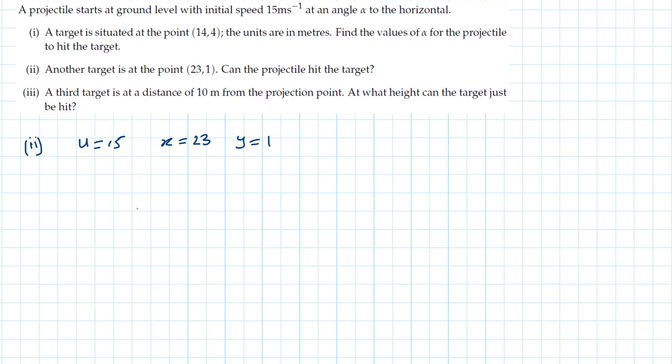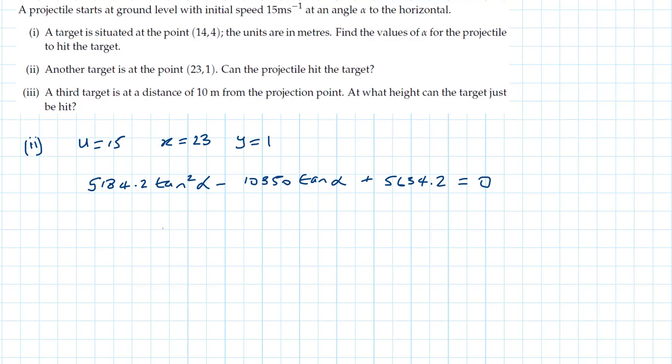Now, if you set up the quadratic equation before, you go through the same process and you simplify it, you end up with a quadratic equation which reads as something like this: 5184.2 tan squared alpha minus 10,350 tan alpha plus 5,634.2 equals 0.